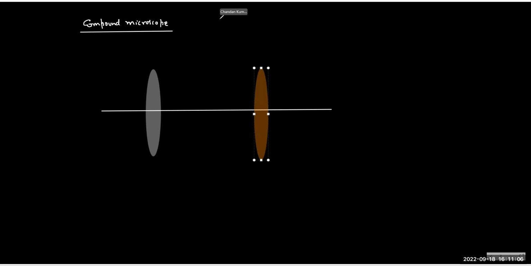If you think of some microorganism put on a slide, and you put that beneath the lens, the object is kept on one side and the lens facing the object is called the objective. Of course, in between you don't do anything, and then the human eye is on this side. The lens which faces the human eye is called the eyepiece.